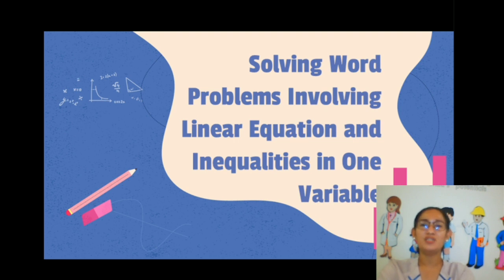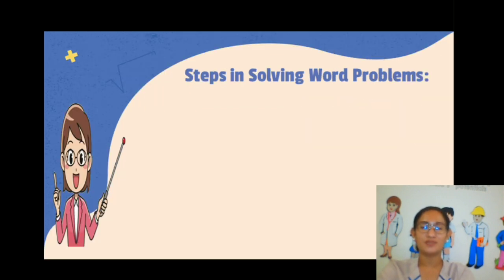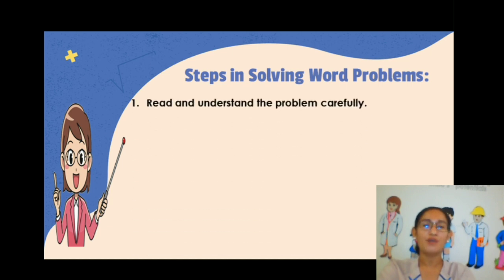Let's now proceed to solving word problems involving linear equations and inequalities in one variable. Before we go on, let's first study the steps on how to solve word problems. First, read and understand the problem carefully. Then, represent the unknown with a variable.